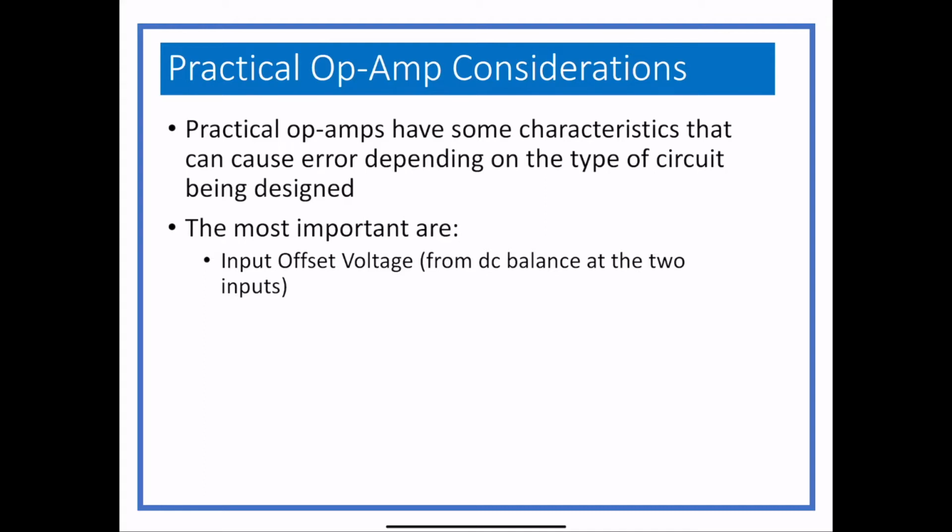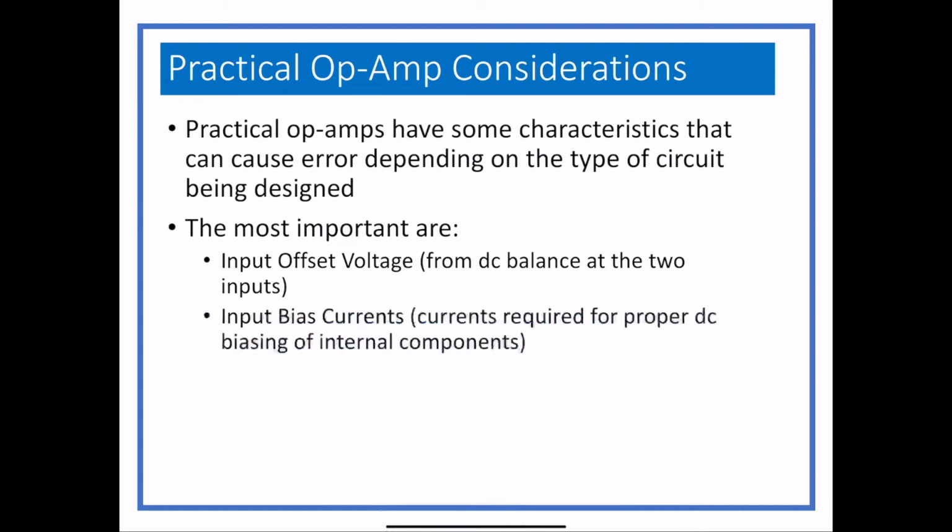And the reality is there is a little bit. That's basically just a DC balance, and it can have an effect because it gets magnified at the input and appears at the output. It might not get magnified enough to matter, but it can. So that's one thing we will look at.